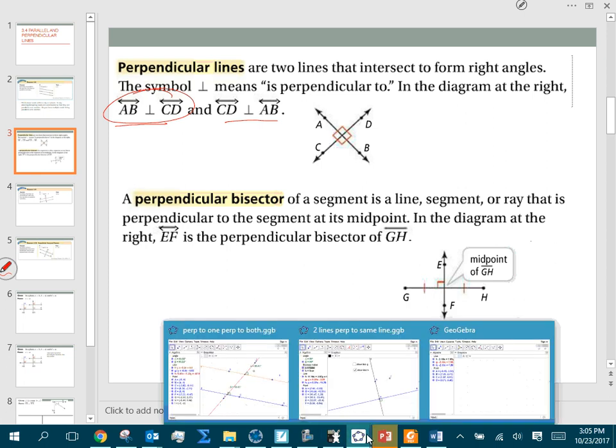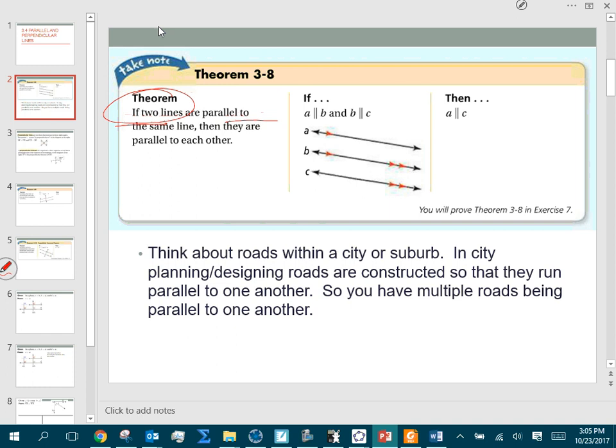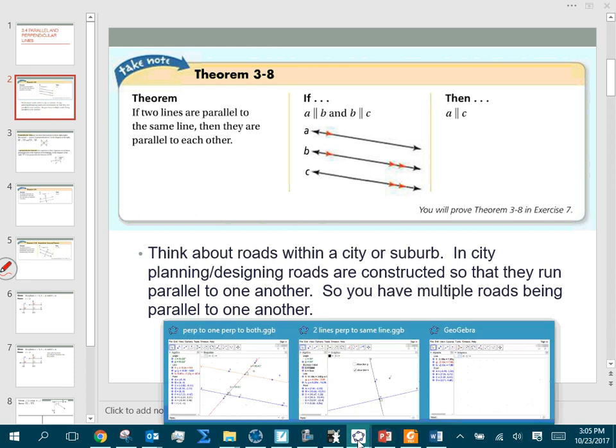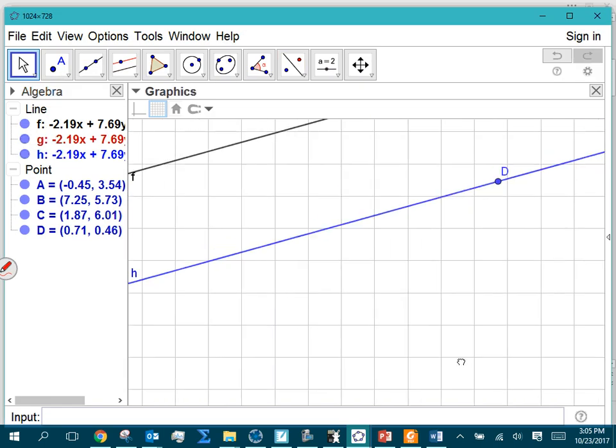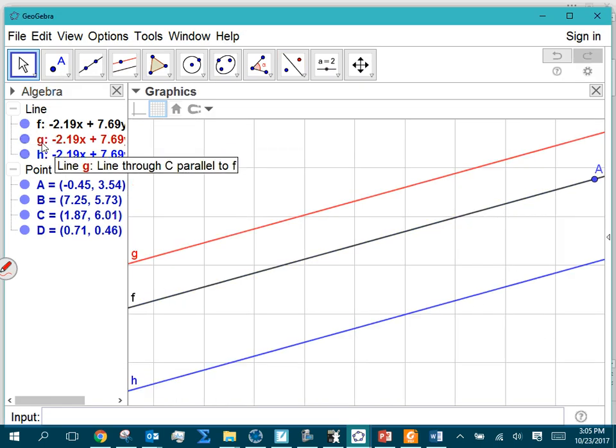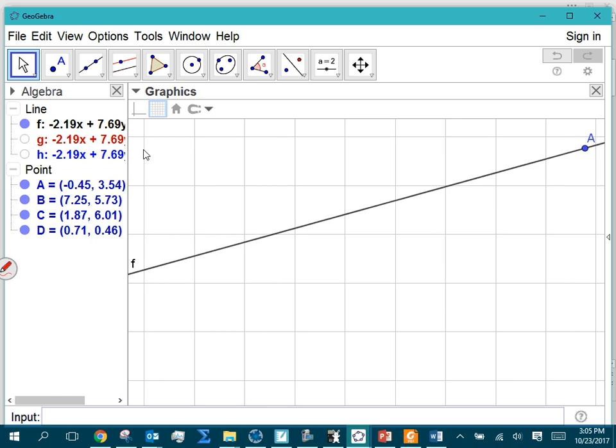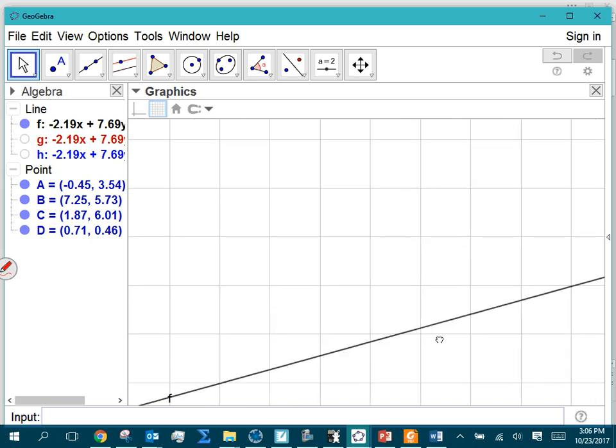All right, so we've got a theorem here that says if two lines are parallel to the same line, then they're parallel to each other. Give you a visual of what's going on here. We have a black line.